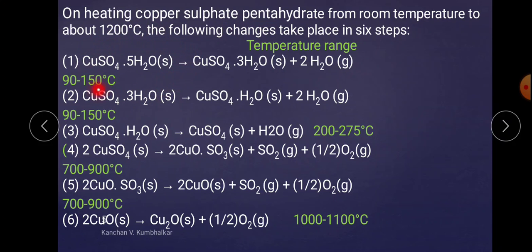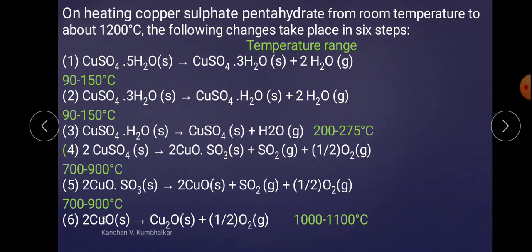We have to discuss here the decomposition of copper sulfate pentahydrate from room temperature up to 1200 degrees Celsius. Six steps occur between room temperature and 1200 degrees Celsius. This is the decomposition of copper sulfate pentahydrate.